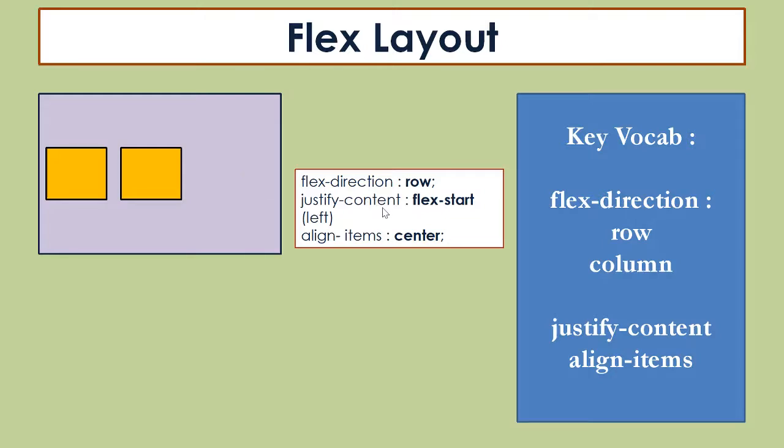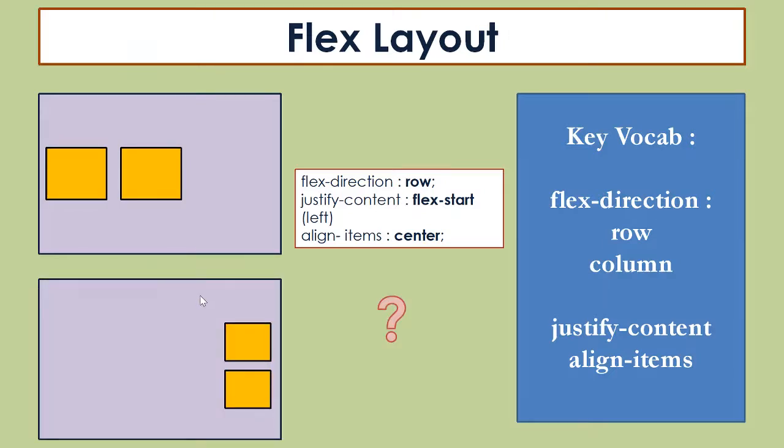Now, the justify content aligns the boxes on a horizontal line. So we wanted left. In this case, left just means flex start. So if we say flex start, then we align it on the horizontal line. And then on the vertical line here, we wanted it to be center.